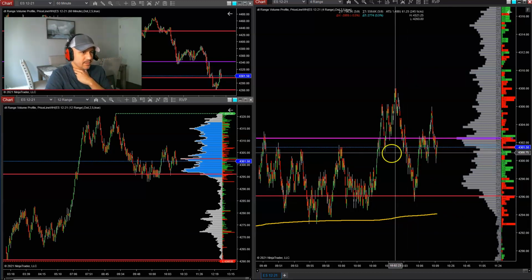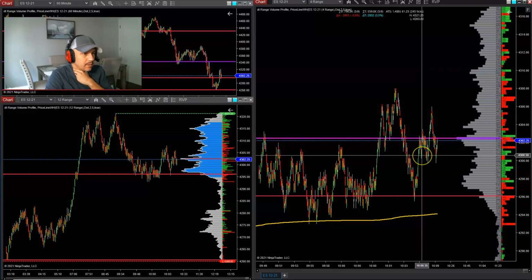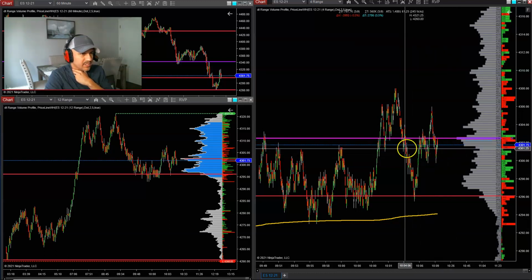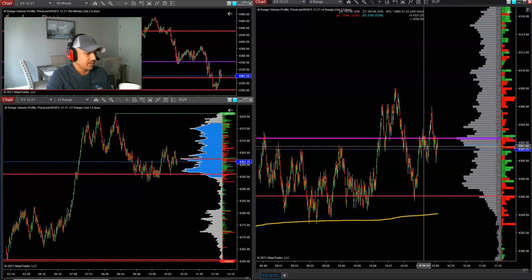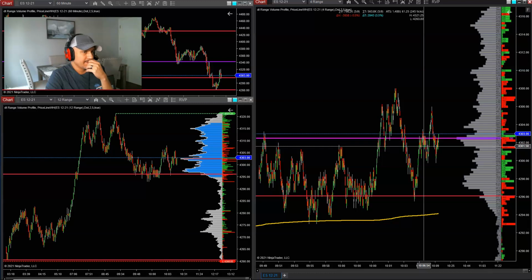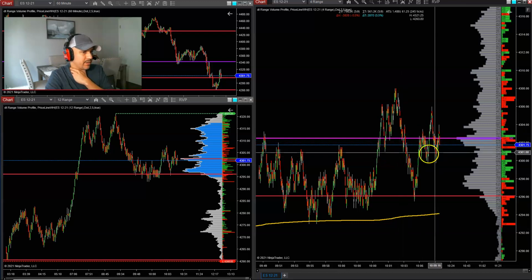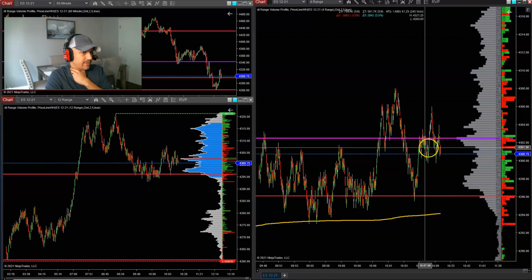Yeah, it's bouncing right here. There's a little micro level sitting right here, but we're dead smack at the middle of the VPOC, volume point of control. Yeah, I'm not gonna trade around this area, guys. I'm not gonna take a trade around here. If it comes down here, maybe, but as of right now, I'm not trading in this area.